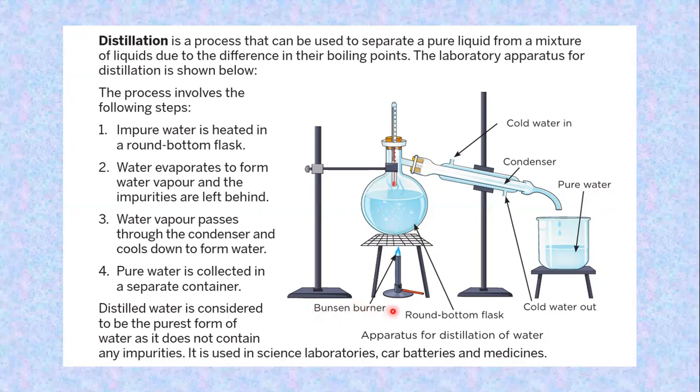This is called a Bunsen burner, or it could be any source of heat for the water to boil. This is clamped tightly so that no vapors can escape out. A thermometer is added to maintain a proper temperature so that this whole thing does not burst. If I see the temperature rising beyond 100 degrees, I can just reduce the flame of the Bunsen burner.